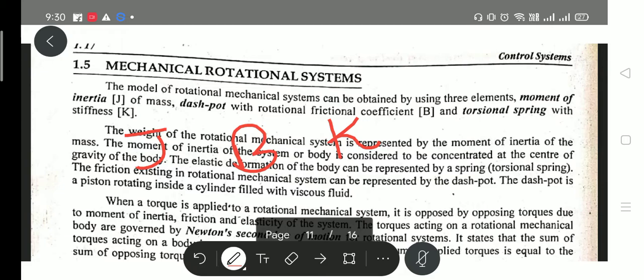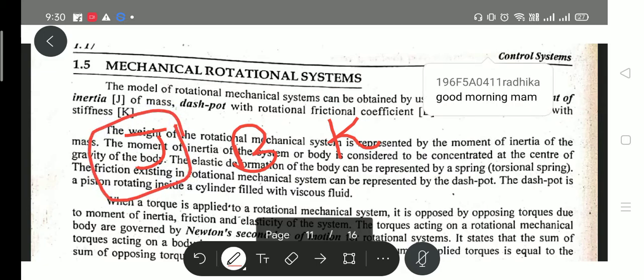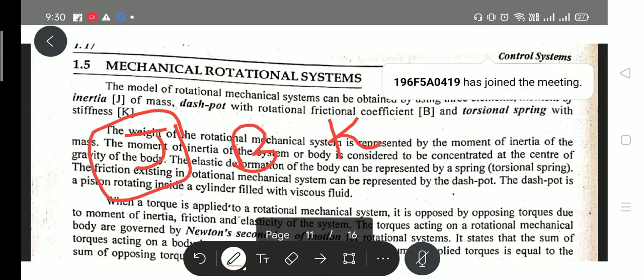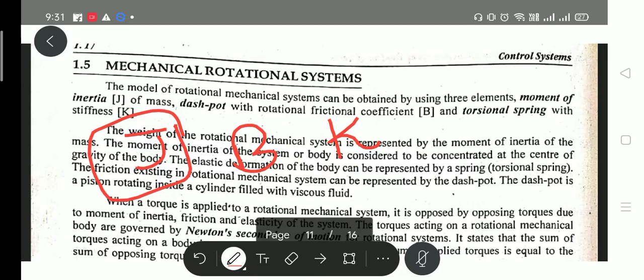The weight of the rotational mechanical system is moment of inertia. In the translation system, the weight of the mechanical system is mass. Here the weight of the rotational system is called moment of inertia. Same definition.